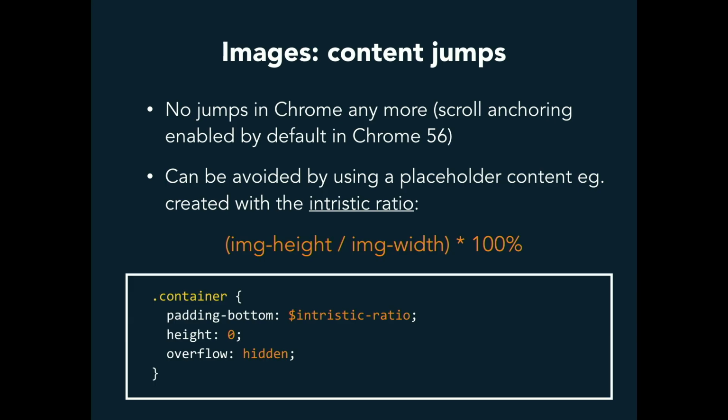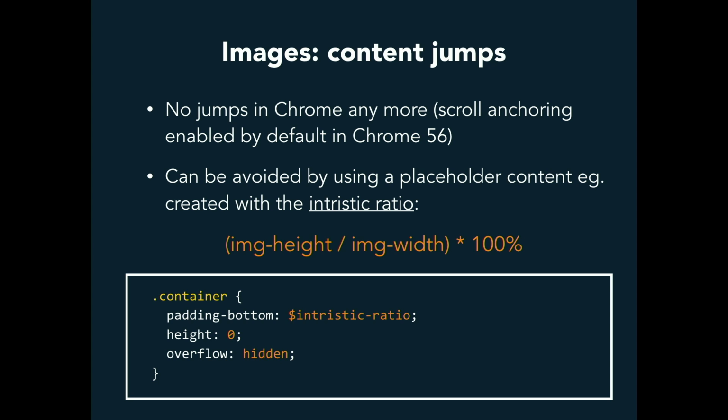Also, we can avoid it by using placeholders. For example, we can use the intrinsic ratio technique, which will let us have a fluid size of the images. So what we do, we just take image height and image width, we divide it, and then we multiply it by 100%, and then we use it as our intrinsic ratio variable.